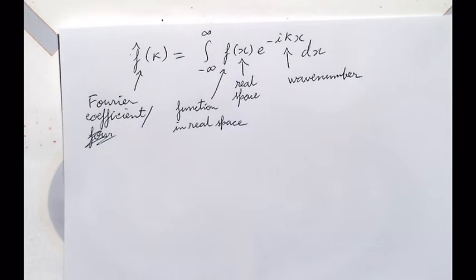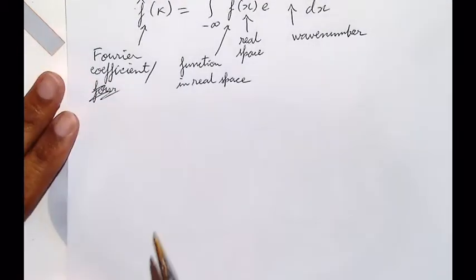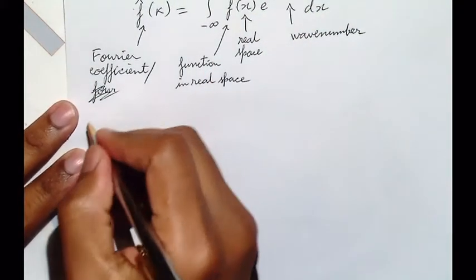These can have infinite frequencies, going from kappa equals 0 to kappa equals 10 to 100,000 to whatever. So that's the basic idea behind Fourier modes or this Fourier transform.